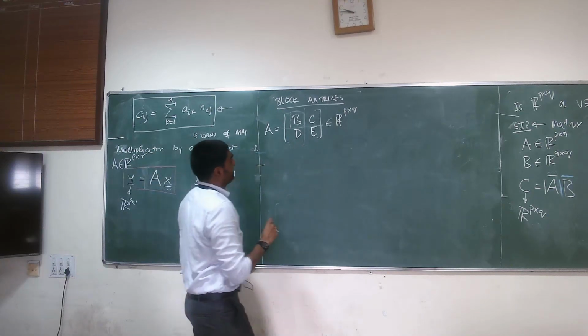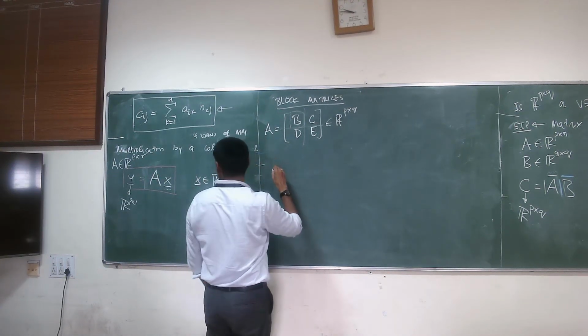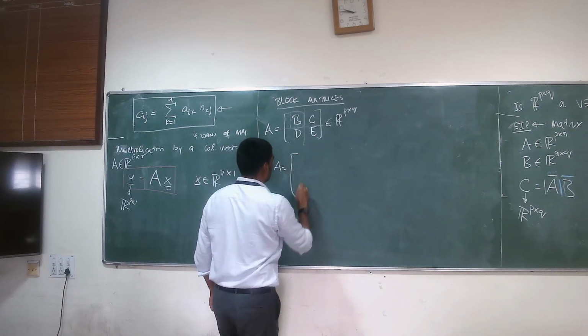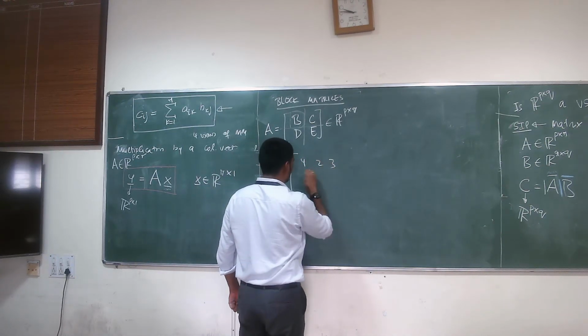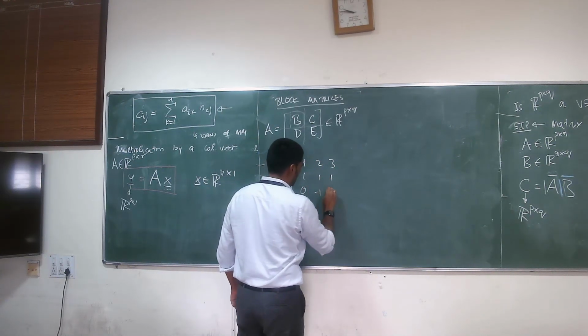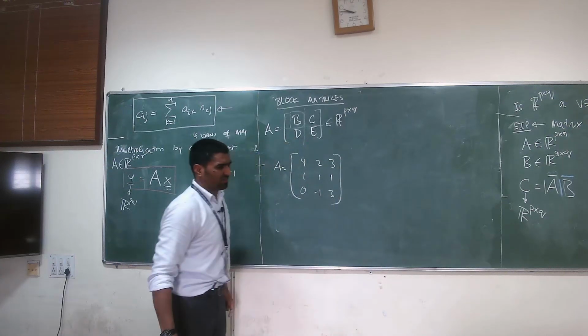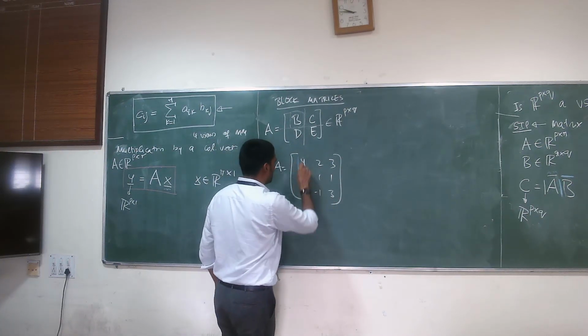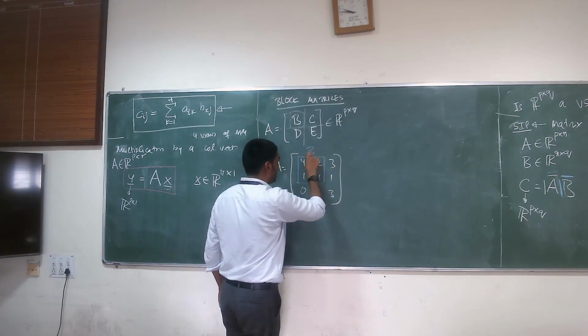Okay, that's one. Now, let's do it like this. If I want, let's say this has some meaning to me, so I'll take this and say this is my B matrix.